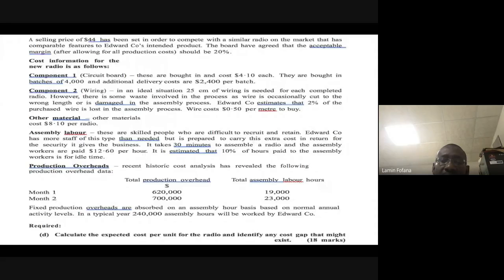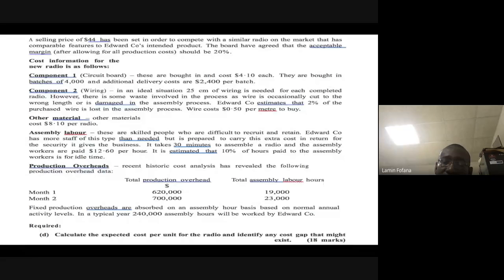The fixed cost they are talking about here is a step cost. What does step cost mean? It is a semi-variable cost. What that means is this cost has some element of variability and some fixed element as well. So now what do we need to do? We have to separate the variable cost from the fixed cost.